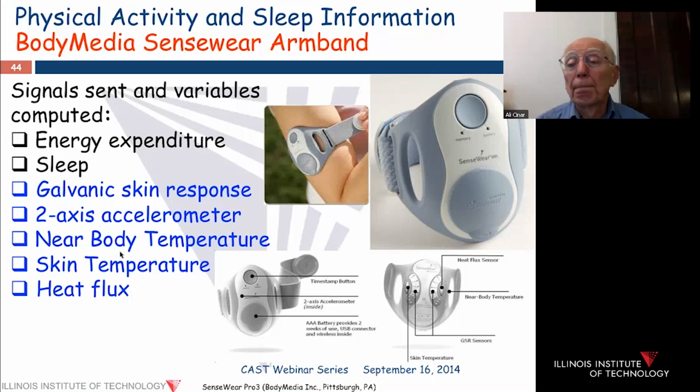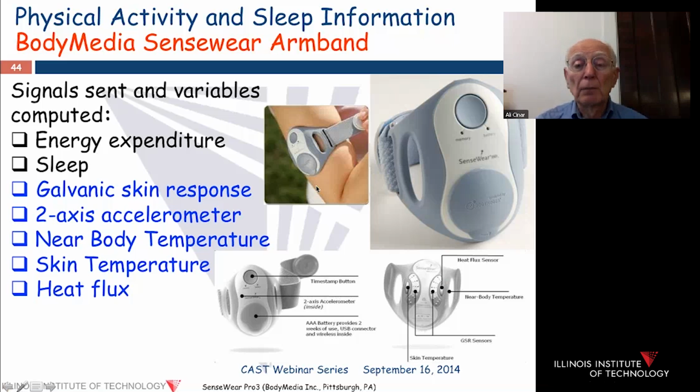And now you could see the armband in more detail with the sensors that it has on its surface. And this one is a version that can download data as a batch, so we had to do a lot of manual work to collect data at high frequency while it is operating in a batch mode.